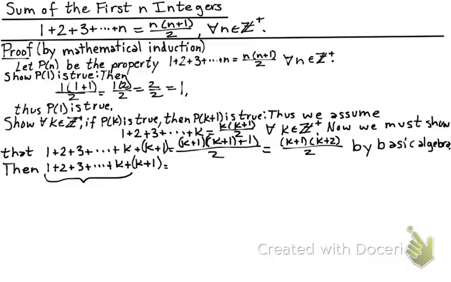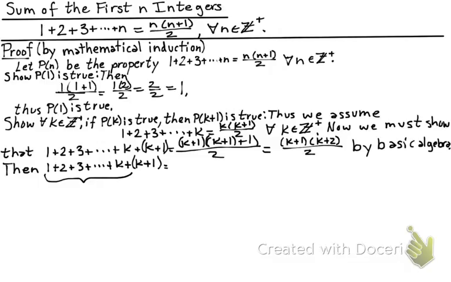By everything we've done thus far, what do we know that that is equal to? 1? That's not equal to 1. It's only equal to 1 in the basis step when n equals 1. But now we don't know what k is. We don't know what k plus 1 is. We just know that k plus 1 is 1 beyond k.